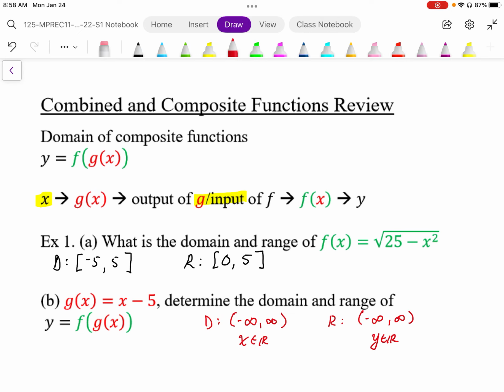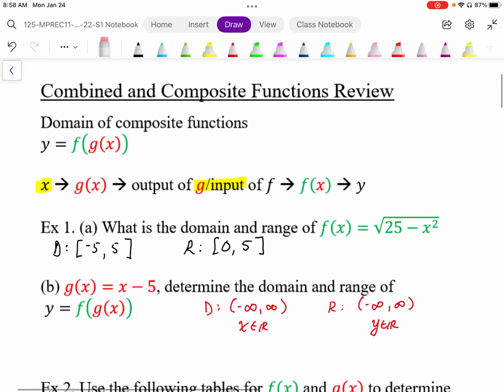So the nice thing about this linear function is that the input and output are going to be infinite. So when we look at our flow chart, the restriction is not going to be through the g function, but it's going to be what is restricted in the input of f. So then we can just look at the domain of the outside function f.